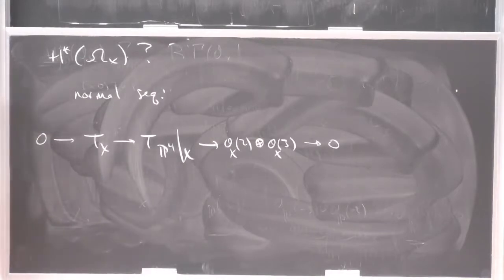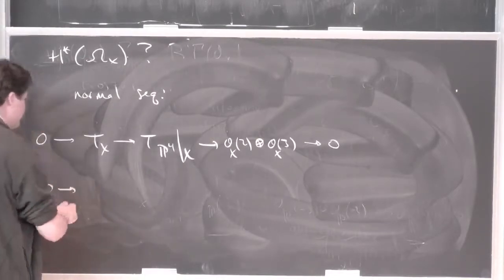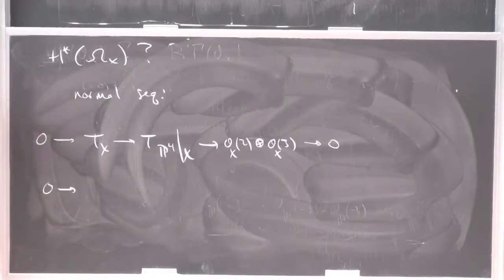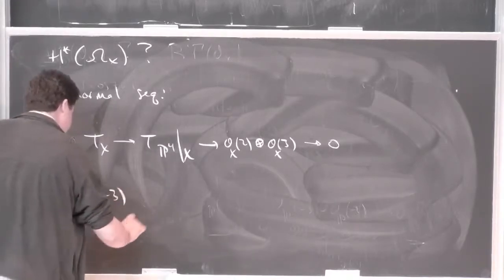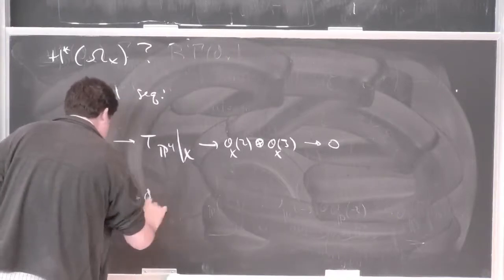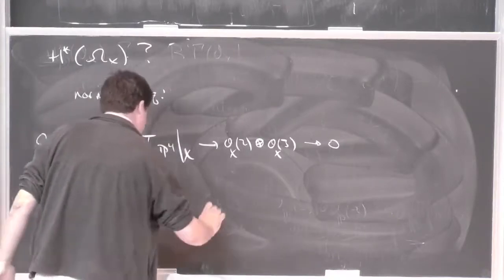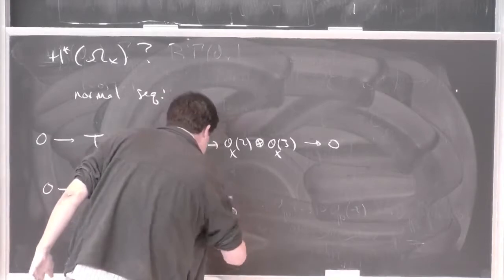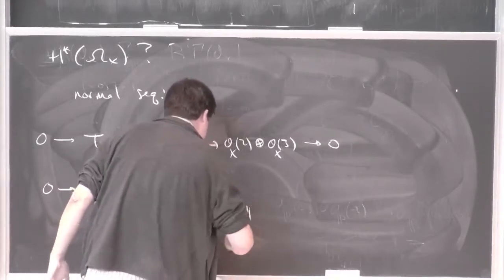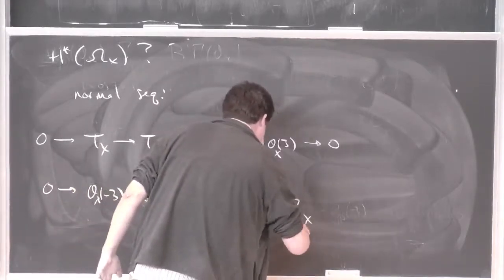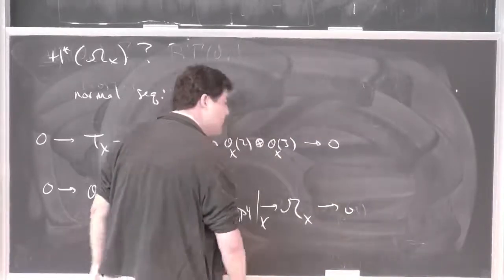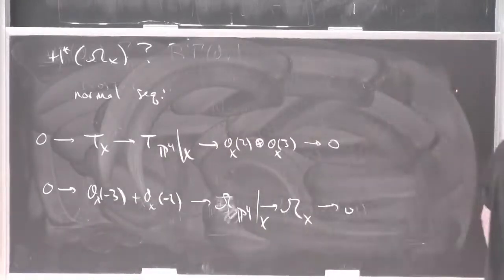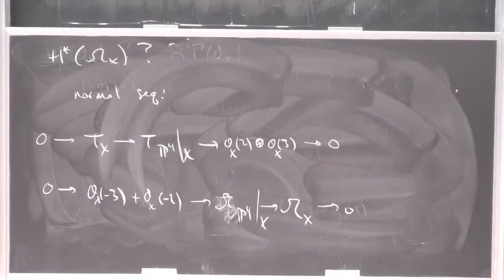Or if we run it the other way, because we're interested in the cotangent bundle, to omega P4 to omega X. We have to keep this.